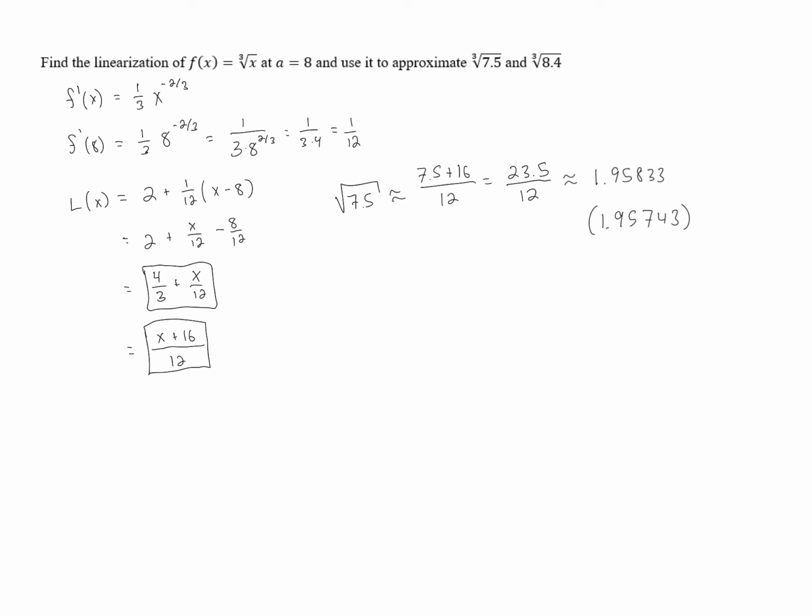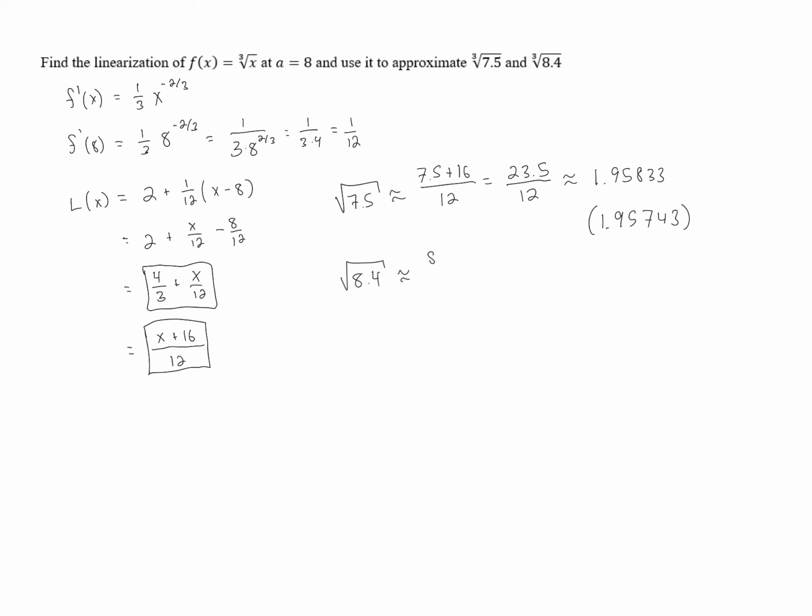So this is at least close to the nearest hundredth, which isn't that bad since this is a whole half of a number off of 8. That's pretty good for something that is a little bit further away from 8 than the other examples we've done so far were far away from 1. So that's pretty good.